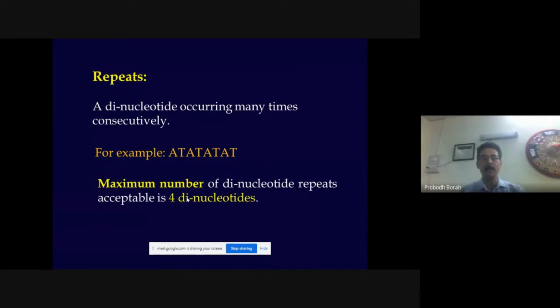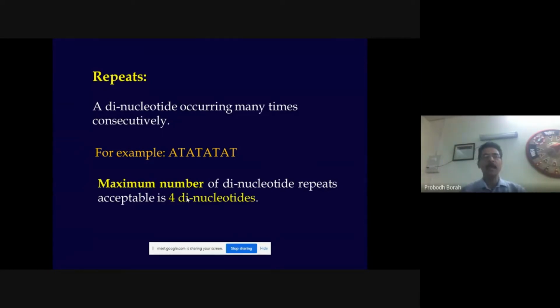So if our primers contain dinucleotide repeats of 4 or more, that may bind non-specifically to the genetic marker sequences of the genome. They may not be specific to the target sequence, and therefore non-specific annealing will take place and non-specific product will be formed.